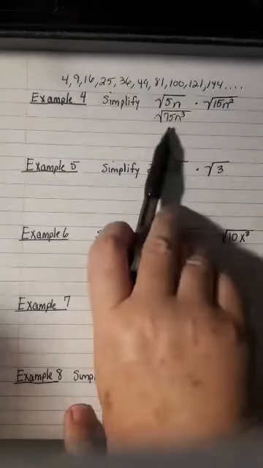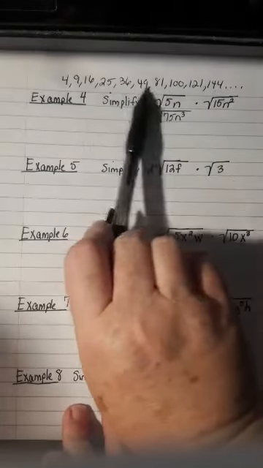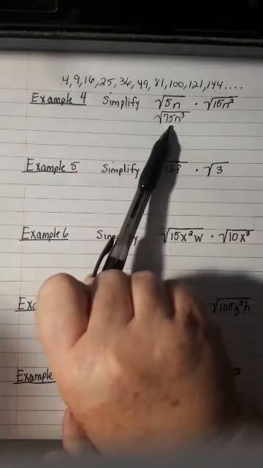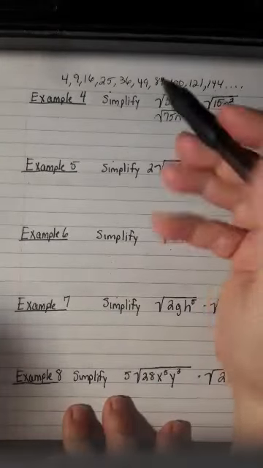Alright, so we're going to simplify the square root of 75 because one of these perfect squares does divide into 75, and it's 25. So we're going to factor 75 as 25 times 3.